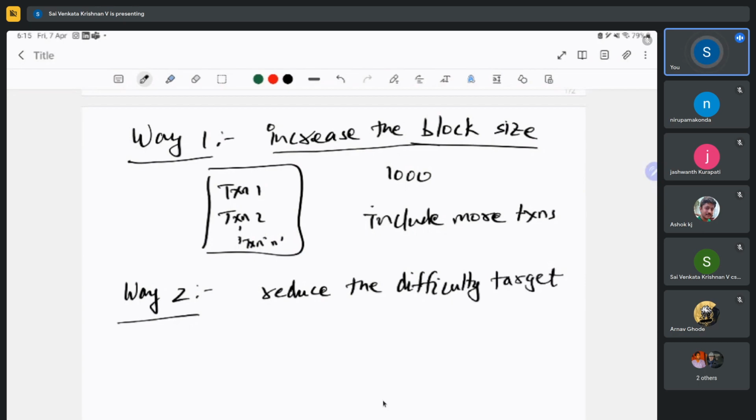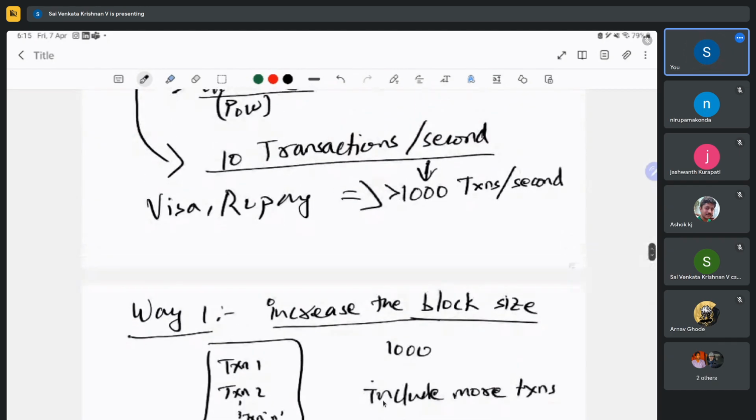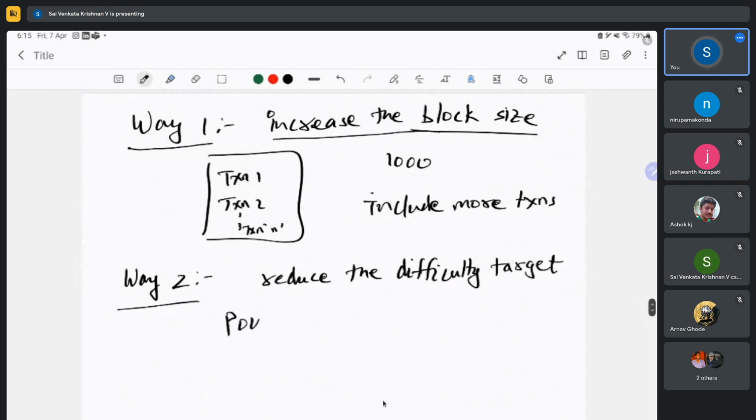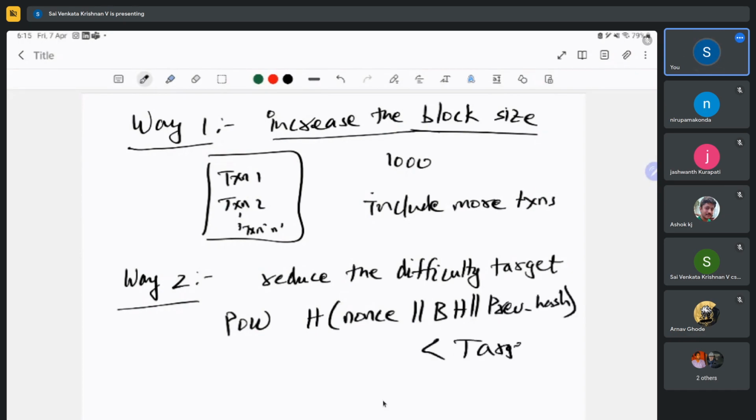And what we achieve by reducing the difficulty target, so if you remember, this proof of work difficulty target is like your hash of the nonce along with the block header along with the previous hash should be less than some target, right? So some number of zeros should be found. It should be like the most significant bits, some part of that should be all zeros, and basically it means less than some specific target.